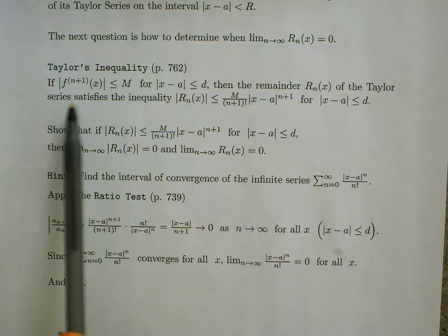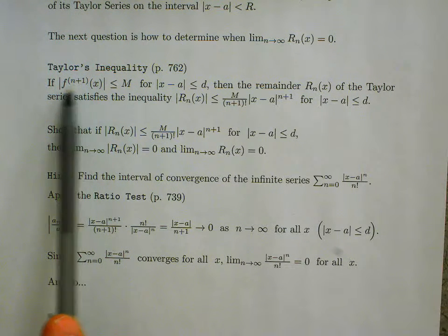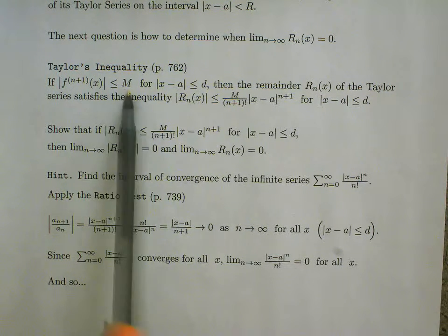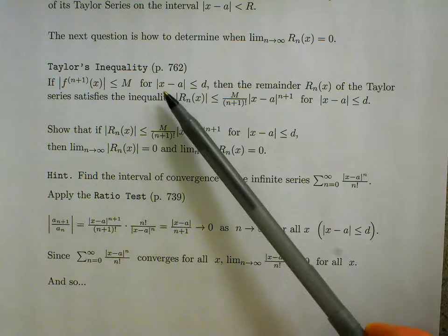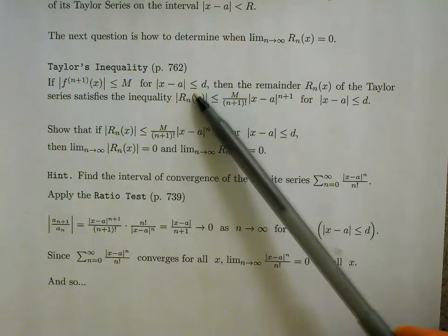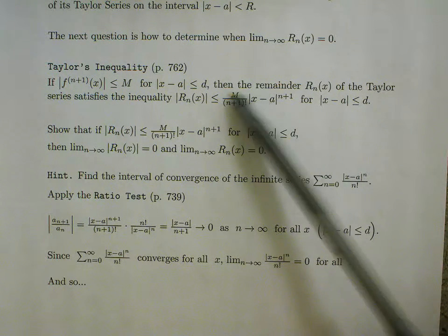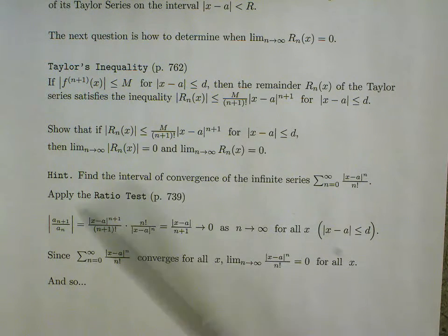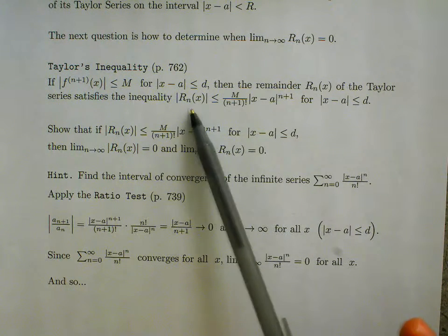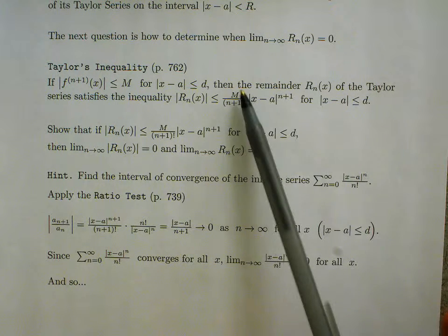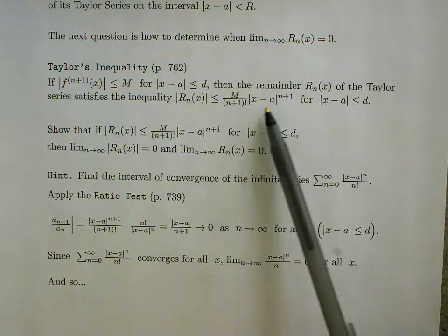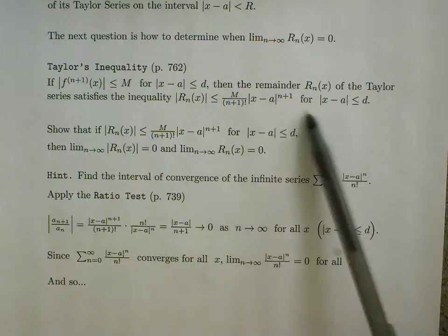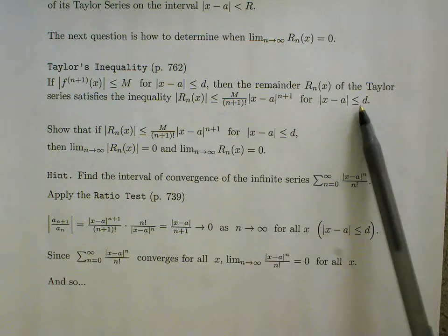If the absolute value of the n plus first derivative of f evaluated at x is less than or equal to m for values of x such that the absolute value of x minus a is less than or equal to d, then the remainder r sub n of x of the Taylor series satisfies the inequality: the absolute value of r sub n of x is less than or equal to m divided by n plus 1 factorial times the absolute value of x minus a to the n plus 1, for the absolute value of x minus a less than or equal to d.